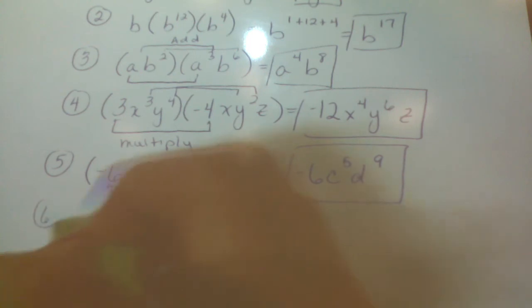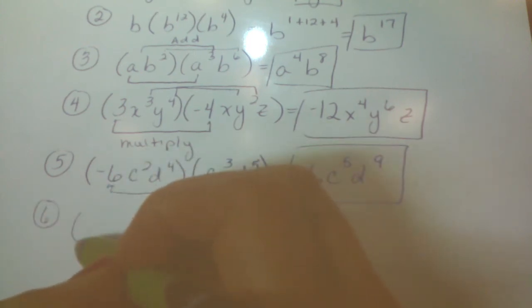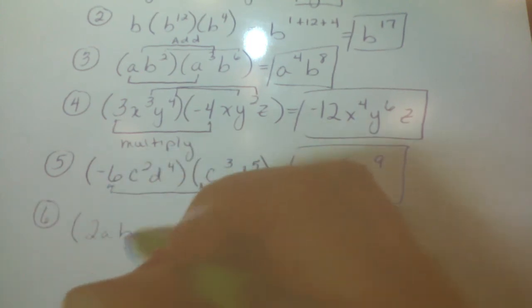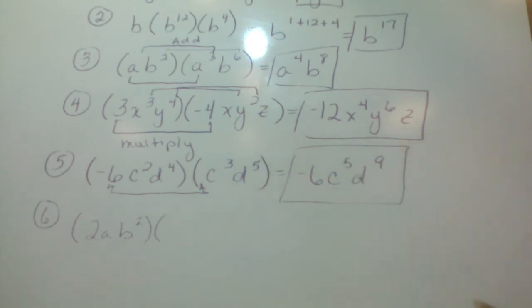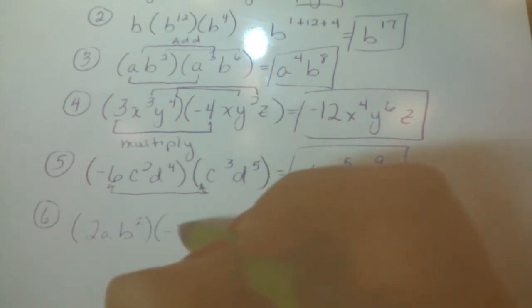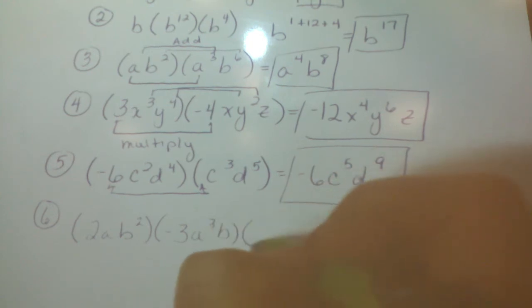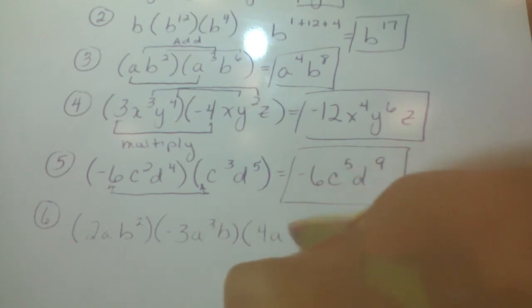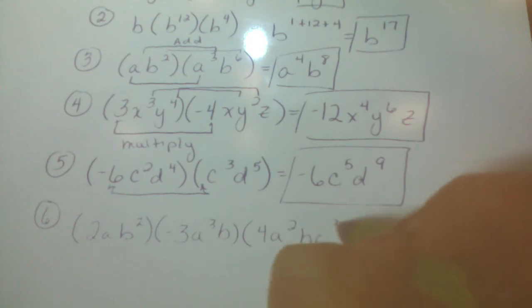Let's take a look at the last problem. Now this last problem is going to have 3 parentheses. I've got 2ab squared times negative 3a cubed b times 4a squared bc cubed.